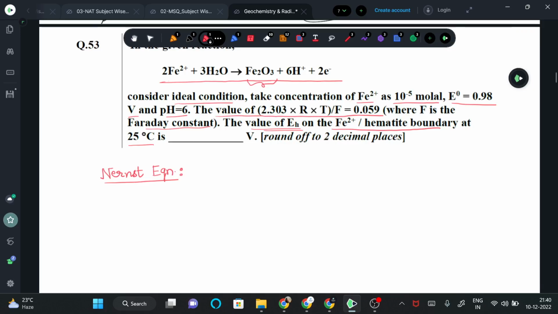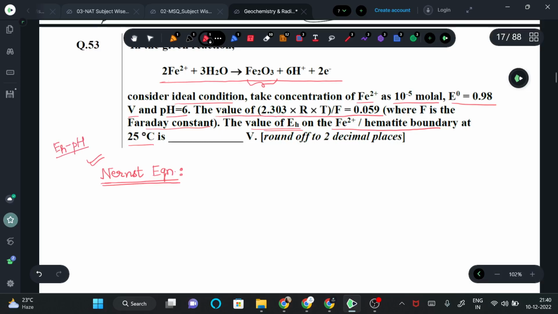In CSIR NET, in GSI prelims and in GATE, questions are expected out of these kinds of concepts. So you must know this Nernst equation and you must know the concepts of electrode potential and pH, EH-pH diagrams. EH-pH diagrams are directly derived from this Nernst equation itself. Or you can say Nernst equation is derived from the diagrams. So this is reversible actually.